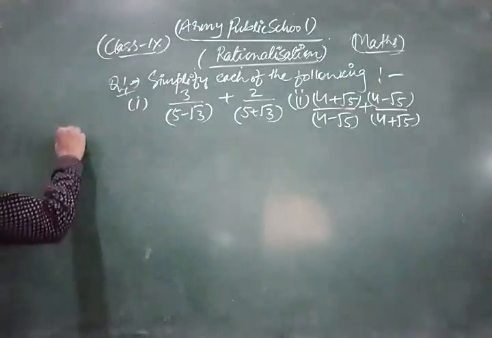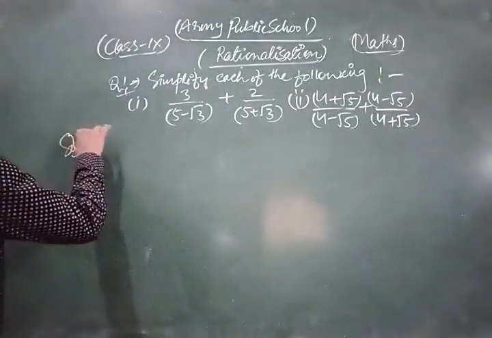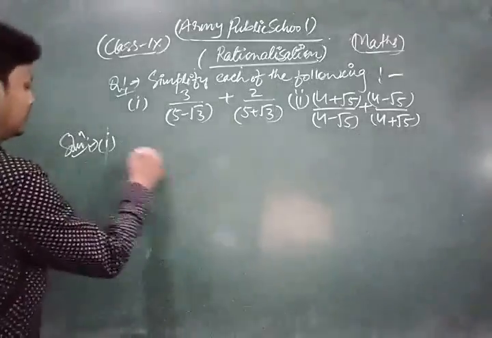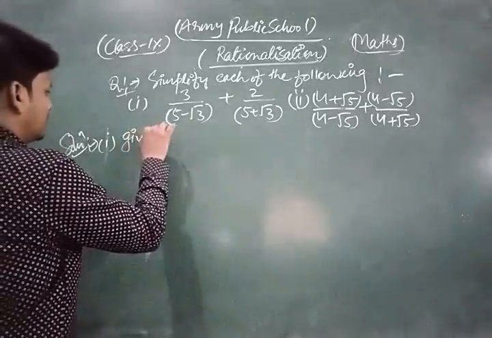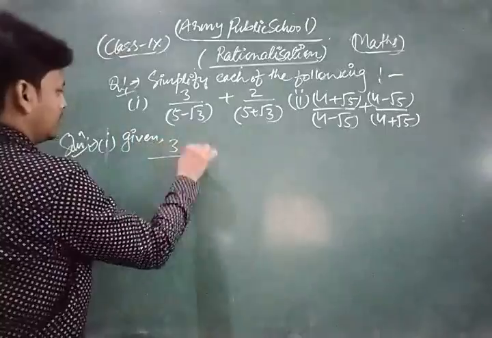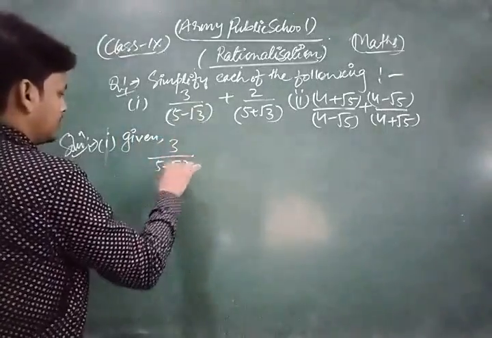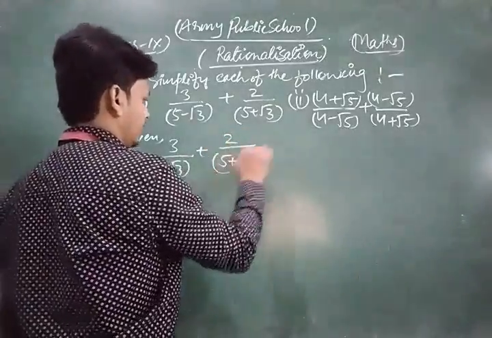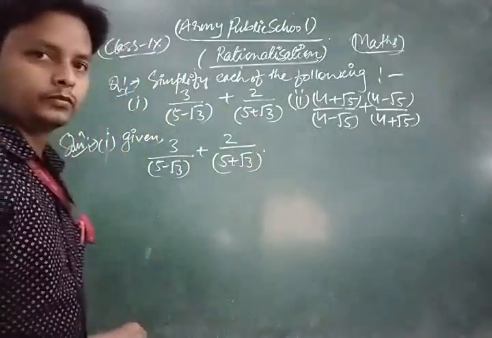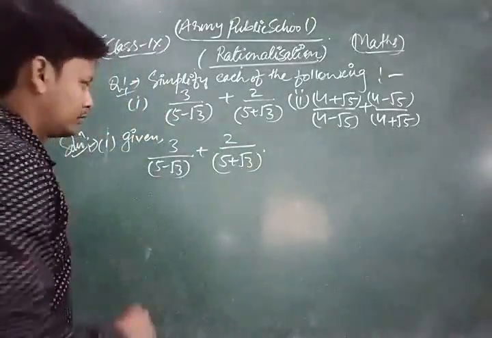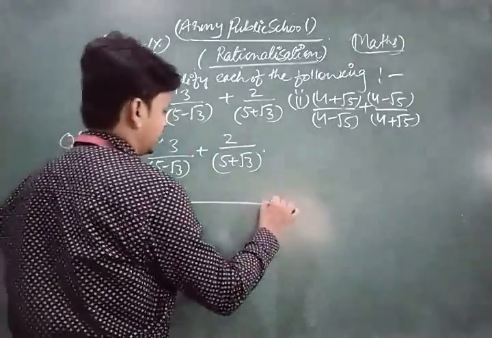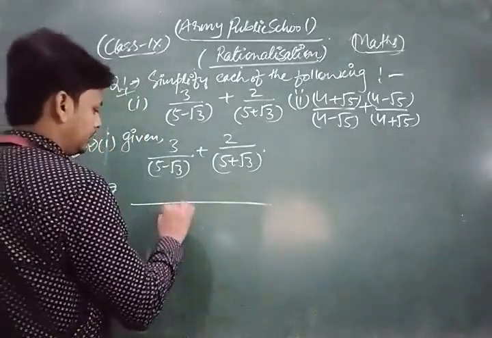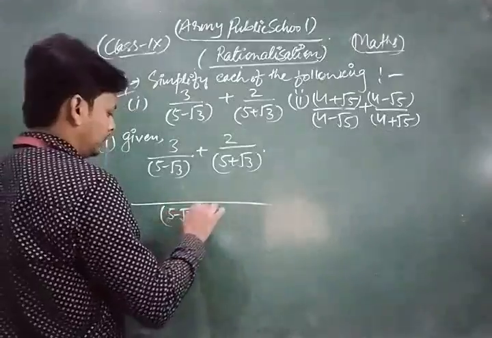Look, so given... okay, now we simplify them by taking the LCM of their denominators. Look here, we take the LCM of both.